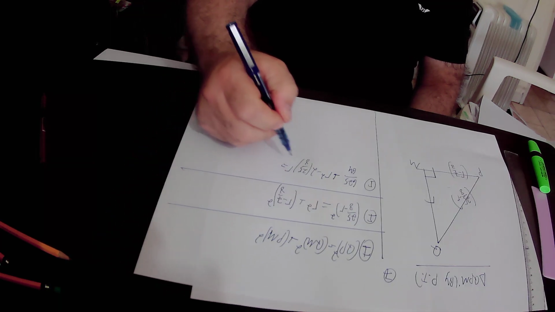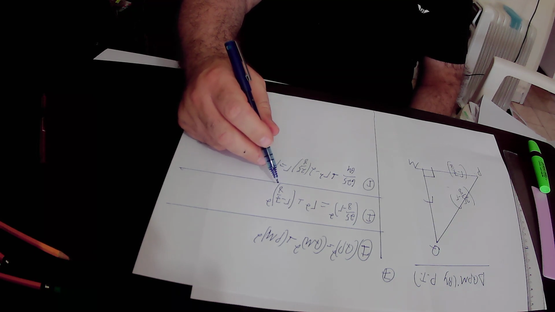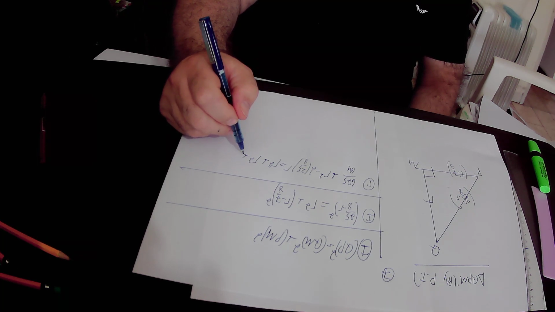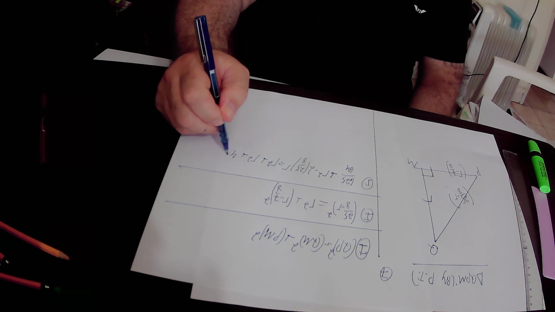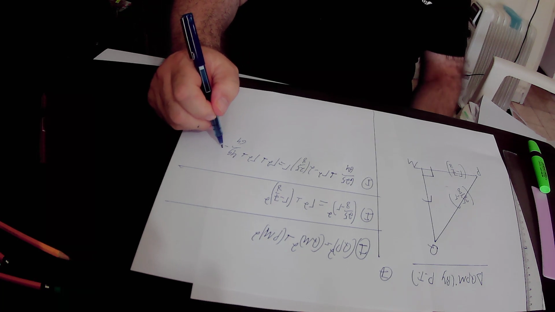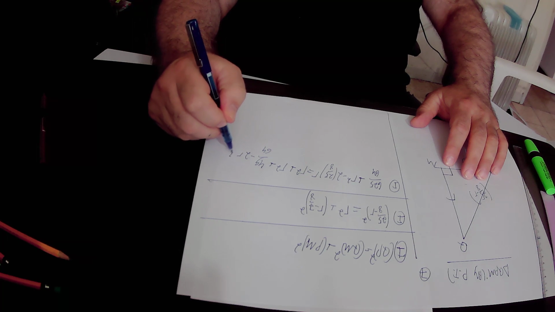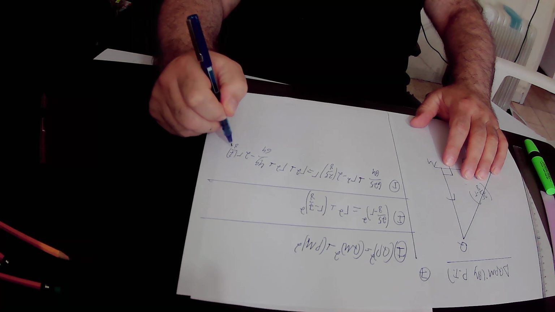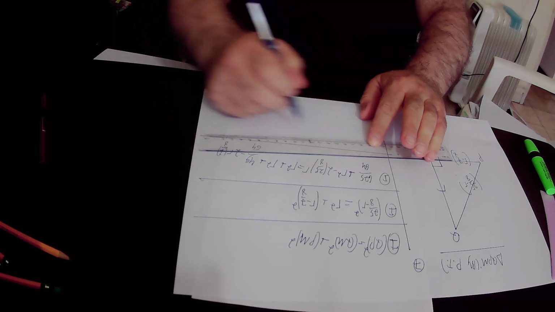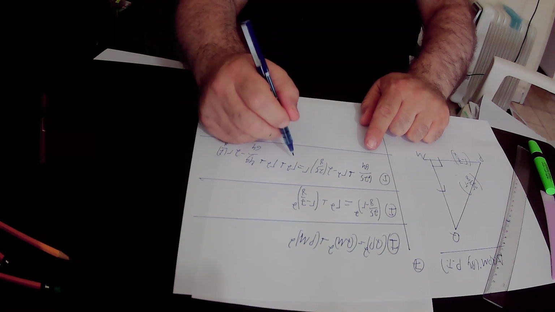And on the other side of the equation we have r squared plus (r minus 7/8) squared, that is r squared plus 7/8 squared. 7/8 squared is 7 squared, that is 49, over 8 squared, that is 64, minus 2 times r times 7/8. So first of all, here we have r squared on both sides of the equation, so r squared will get cancelled.